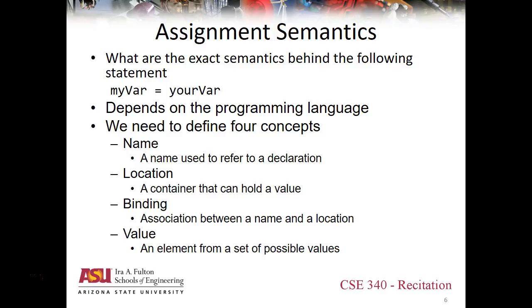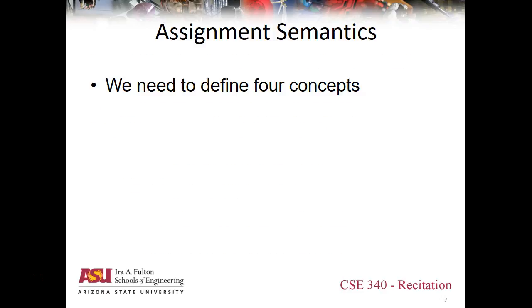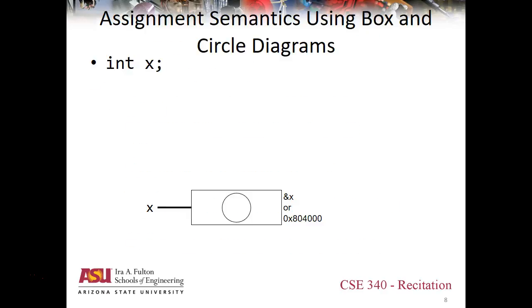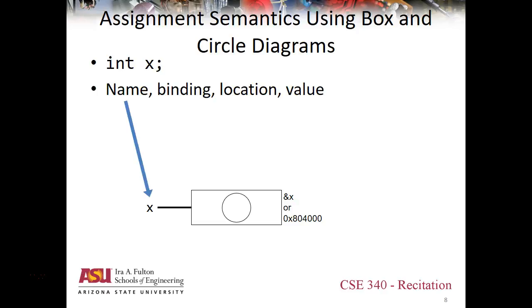So we use our box and circle diagrams. You take each of those concepts: the name is put there, the line represents the binding. The location is there or there, really both. You'll see it used both ways in slides and whatnot.